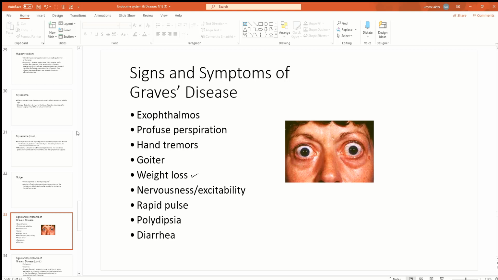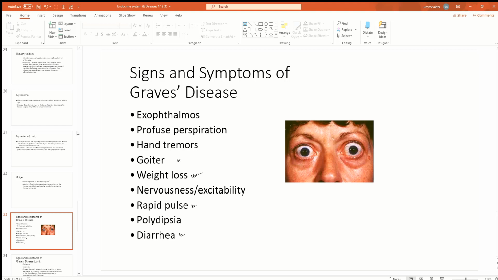You understand that prolonged hyperthyroidism will cause weight loss because the metabolism is always high, so the fats of the body will be used up. Another is the pulse, heart rate will be high, I mentioned, right? Abdominal discomfort or diarrhea will occur. Goiter, enlargement of the thyroid gland.